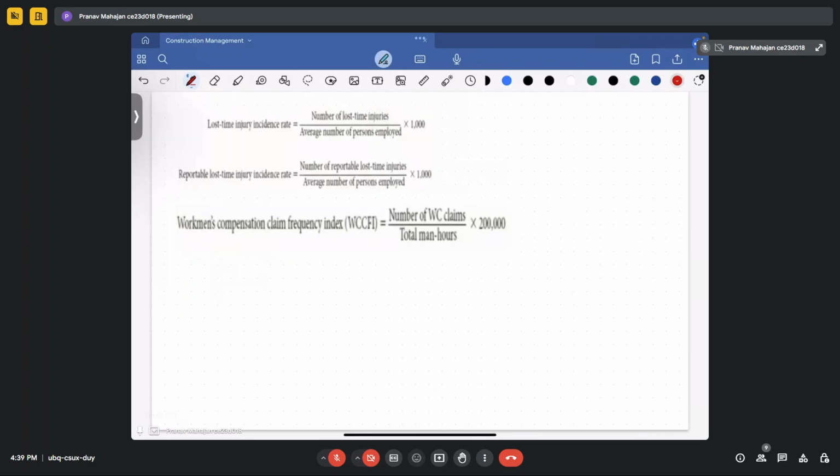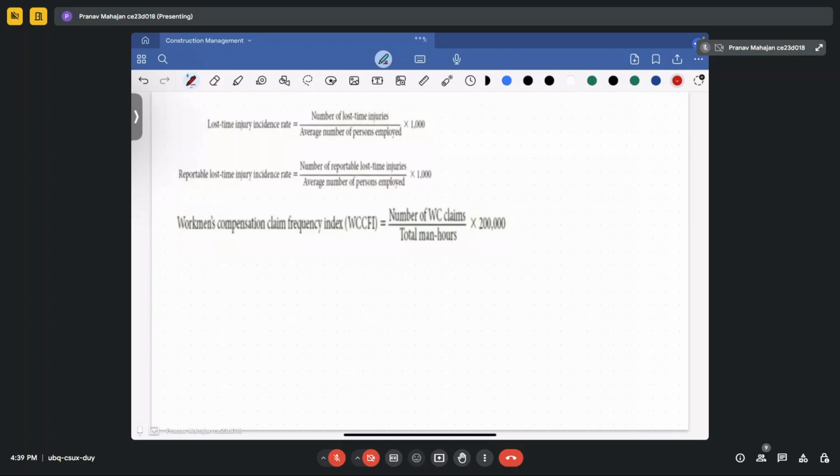It is the number of lost time injuries divided by the average number of persons employed, multiplied by 100. However, the reportable lost time injury incident rate is defined by the number of reportable lost time injuries divided by the average number of persons involved, multiplied by 100.